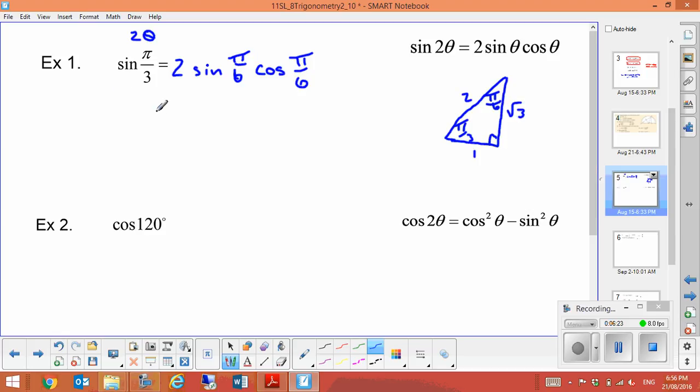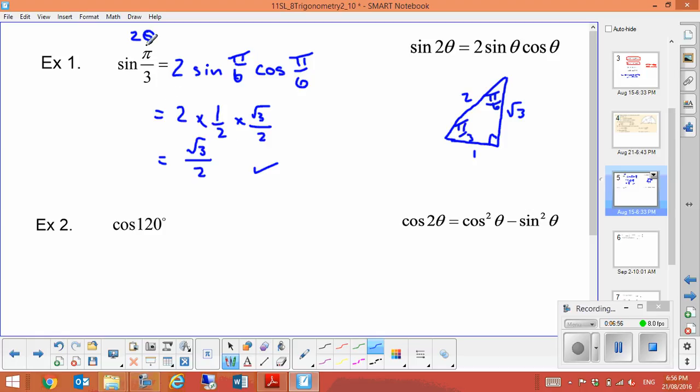So this is going to be the same as 2 times sine of pi on 6, which is a half, and cos of pi on 6 is root 3 over 2. Alright, so 2 times the half cancels and we get root 3 over 2. And is that the same as sine of pi on 3? Sine is opposite over hypotenuse, it's true, which doesn't surprise us. But that's a way we can work it out.